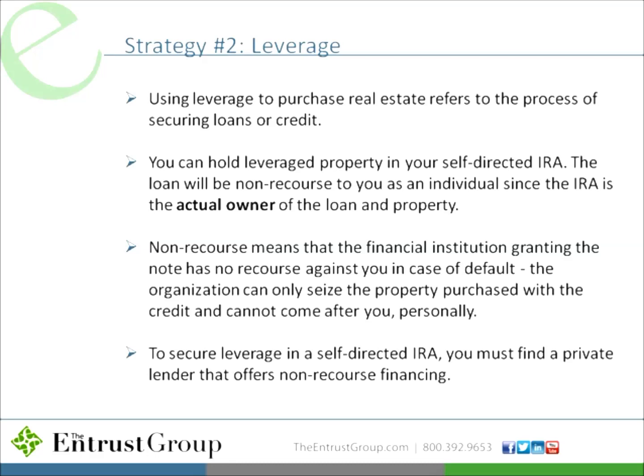Now, that's not to say you might not find a bank that is a little more flexible on certain deals, but that's between you and the lender to establish: what they're going to lend, what the rates are going to be, down payment requirements. Everything involved in the non-recourse loan is really between the IRA and the bank. The bank is going to be the one that dictates all that.